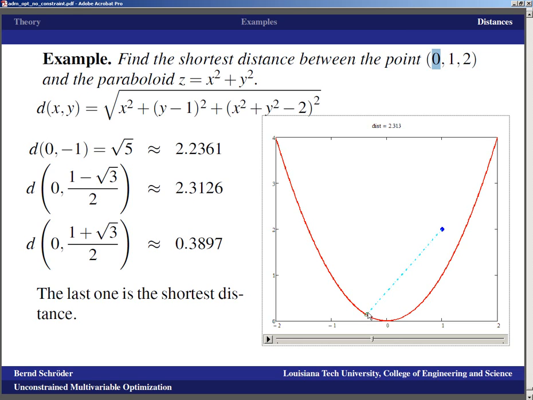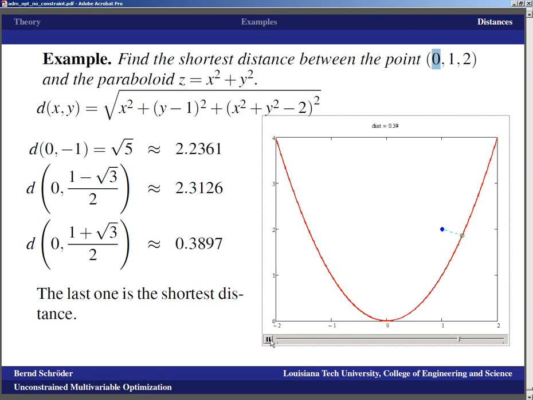So this is now a locally farthest away point, and if I step a little to the left or a little to the right from this point, then I'm actually going to get closer to the blue point again, which, at least when we're stepping to the right, as it's happening right now, is quite obvious. This is a whole lot closer than that, and so this distance now, the 0.39 or 0.3897, that is the closest distance.